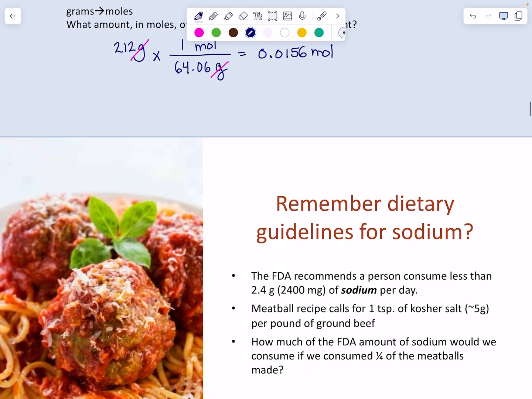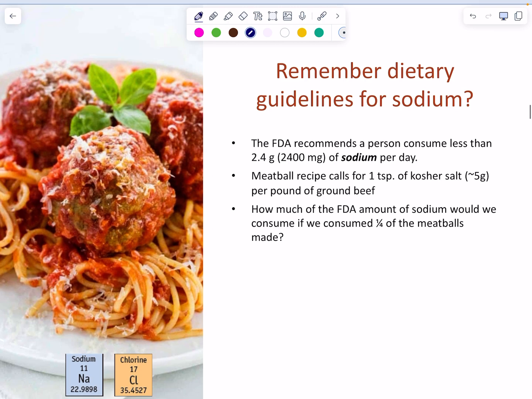All right. So now let's go back to our dietary guidelines for sodium and figure out how much table salt I can shake on my omelet in the morning and not exceed that amount. The guidelines are less than 2.4 grams of sodium per day.